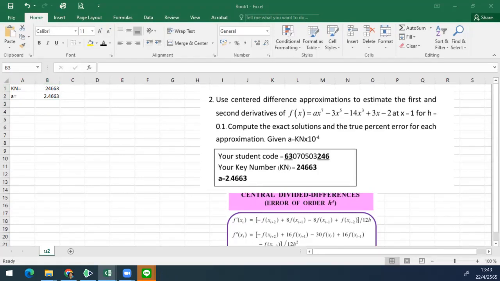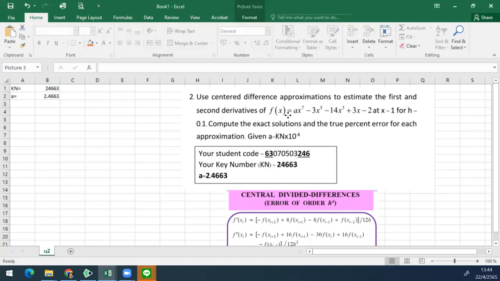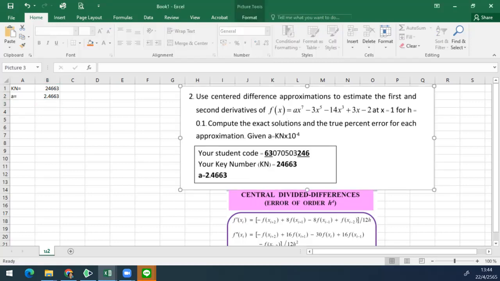If we would like to determine the exact solution, we have to take the first and second derivative of this function. So what is the first derivative of this function?